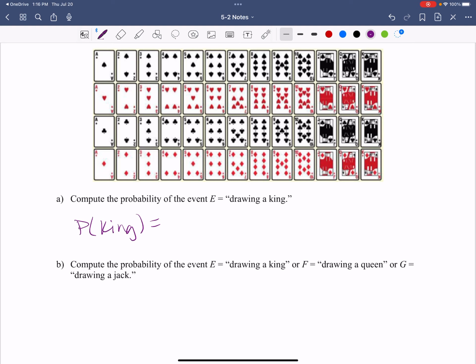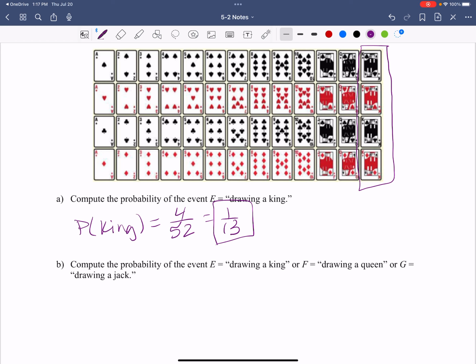So how many kings are there? 4, right? 4 out of how many total? 52, because there are 52 cards in a deck. So 4 out of 52 would be 1 out of 13. Remember, probability is either a decimal or a fraction, and I'm just leaving it as a fraction right now.